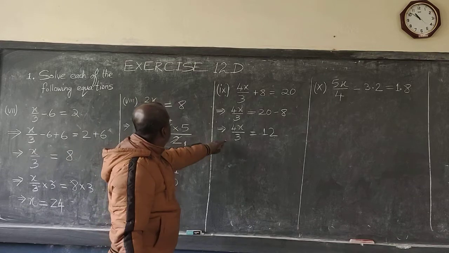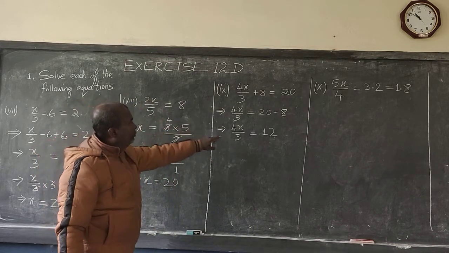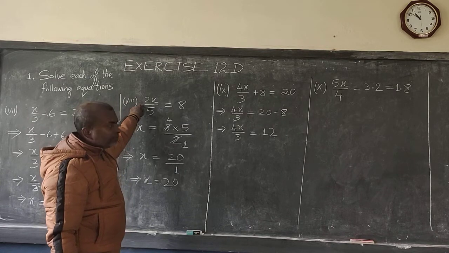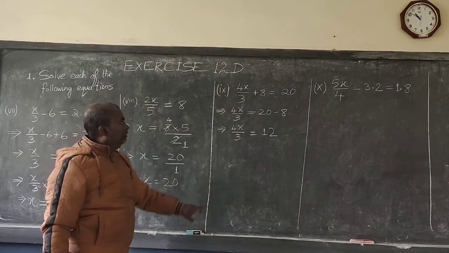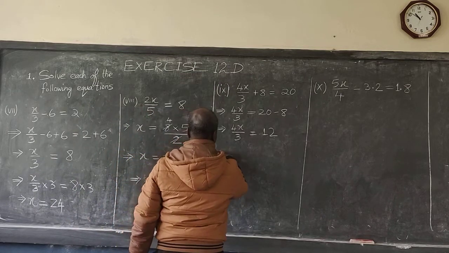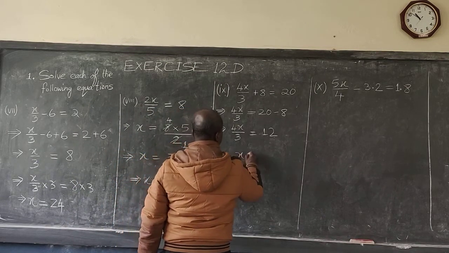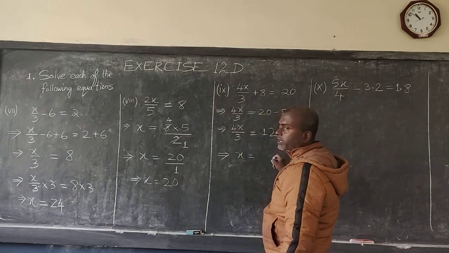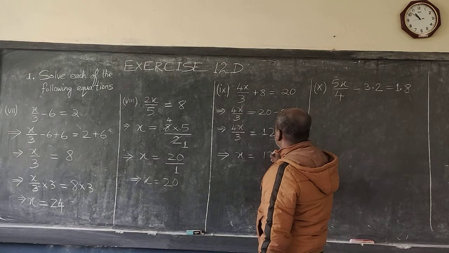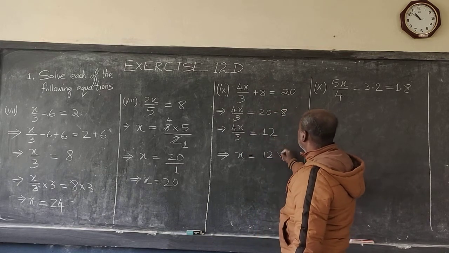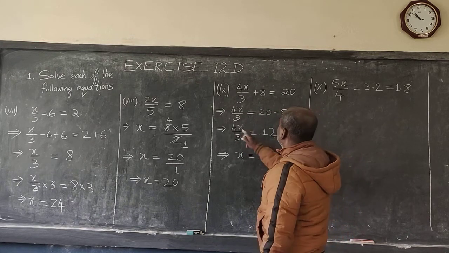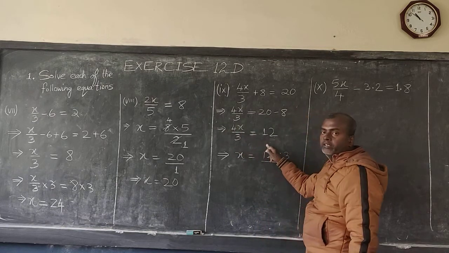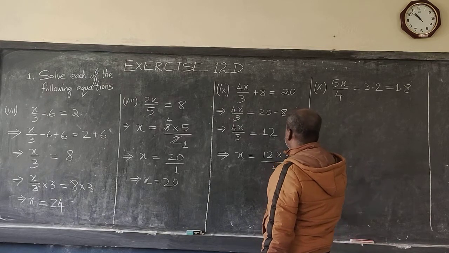Now this equation and this question's equation, don't they look like the same pattern? So how have you solved this one? This also we will solve in the same way using shifting method. So in shifting method, 3 which is in the denominator will go on the numerator on the other side of equals to sign. So 3 will multiply with 12 in the numerator. 4 from the numerator of left hand side will go in the denominator of the right hand side.